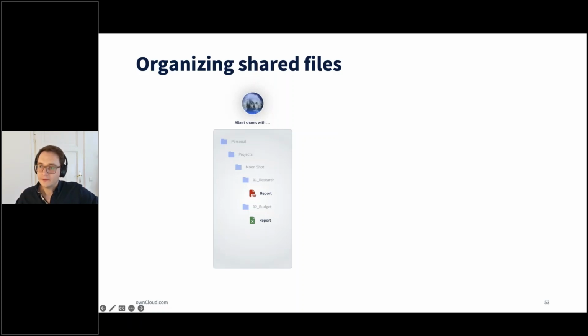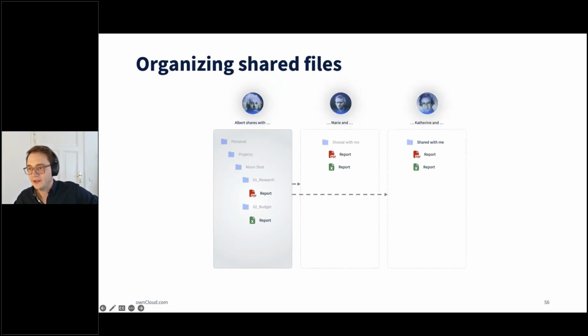So in the old world, so to speak, when Albert, this is our persona here, shared some files with colleagues, his colleagues would only see the files itself without the containing folders. So as you may know, this can be really chaotic when you look at the shared with me folder.